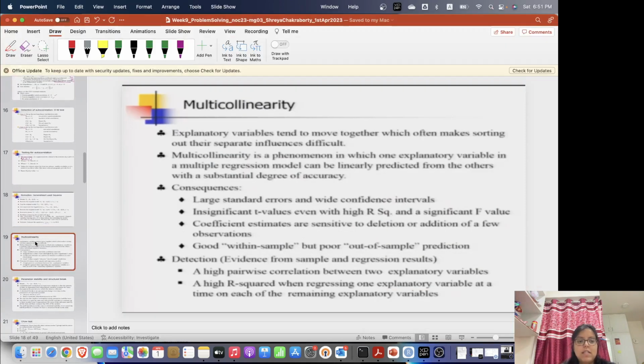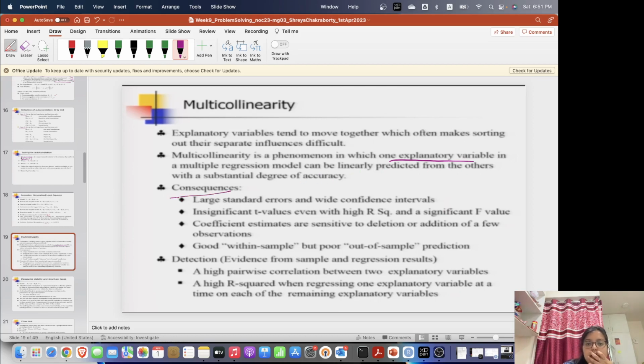So once this was done, we also discussed what we mean by multicollinearity, where one explanatory variable in the multiple regression can be linearly predicted from others with a substantial degree of accuracy.